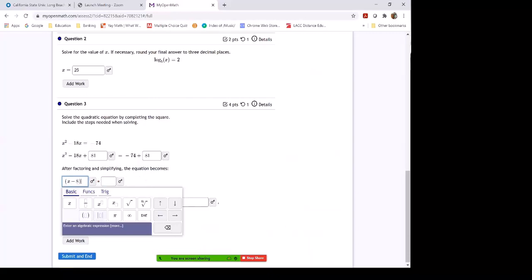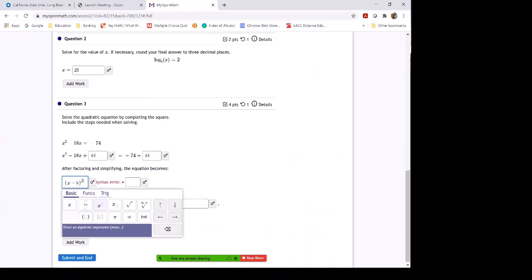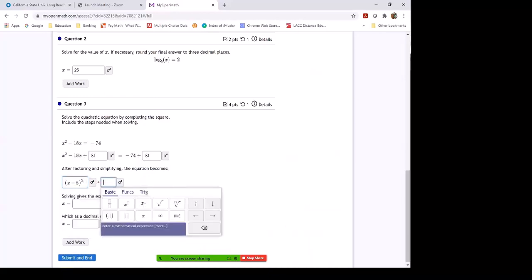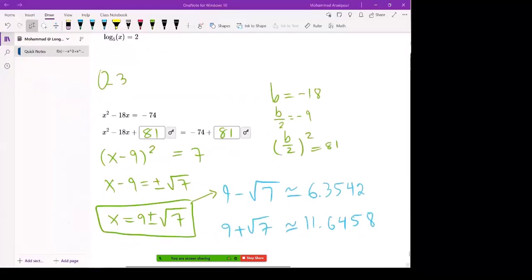Then outside the parentheses, I'm going to write a square, and then minus 74 and 81. They add up to 7. And again, I'm showing the work here also. So I have x minus 9 quantity squared is 7.